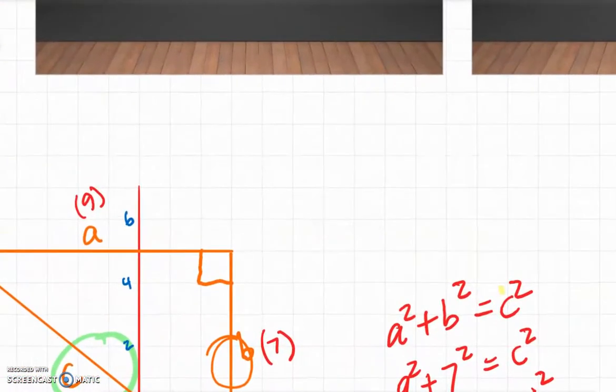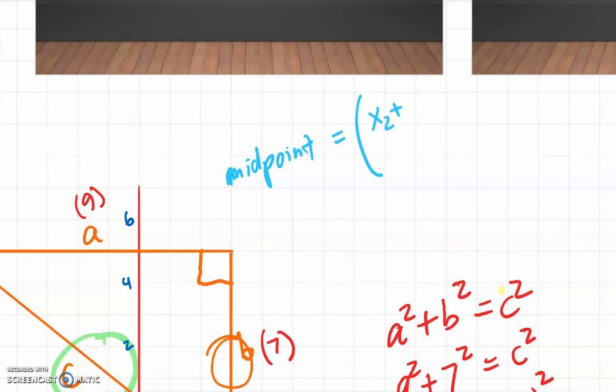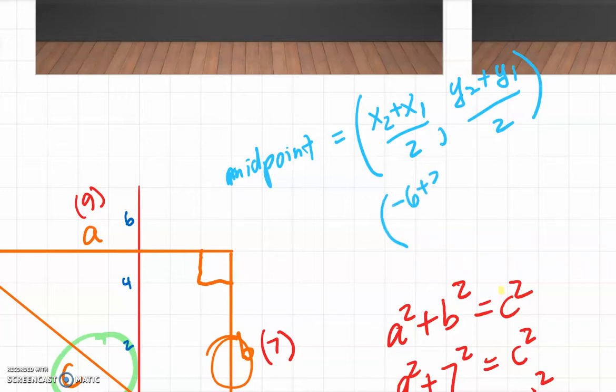So here's how it looks on your paper. We're just going to write midpoint and just write out the formula. So the midpoint equals, if I take the 2 x coordinates and add them together and divide by 2, and I also take the 2 y coordinates and add them together and divide by 2. My 2 x coordinates, like we already said, are -6 and +3.